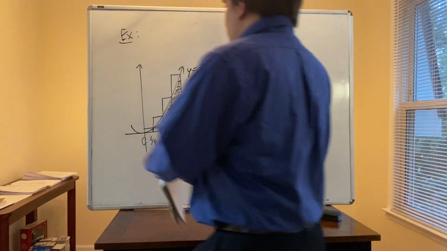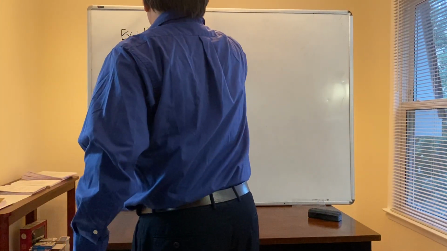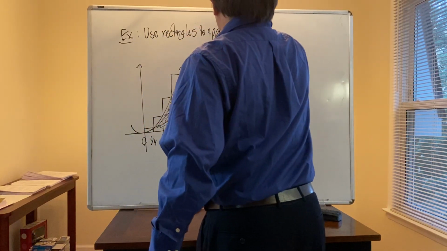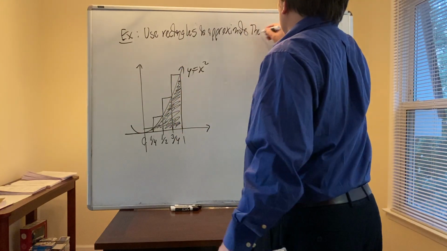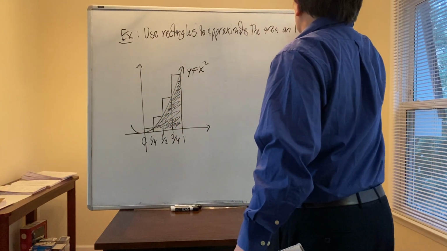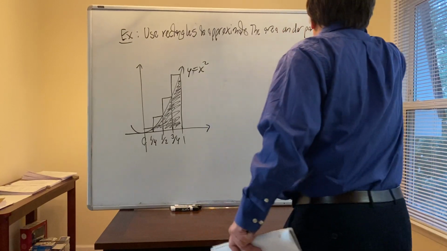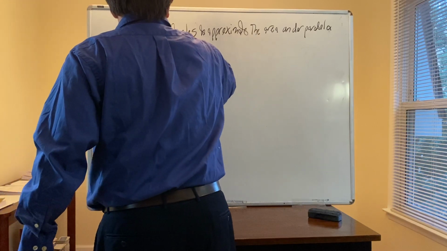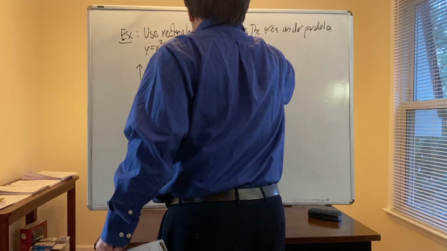Okay? So the example is: use rectangles to approximate the area under the parabola y equals x squared from x equals 0 to x equals 1.